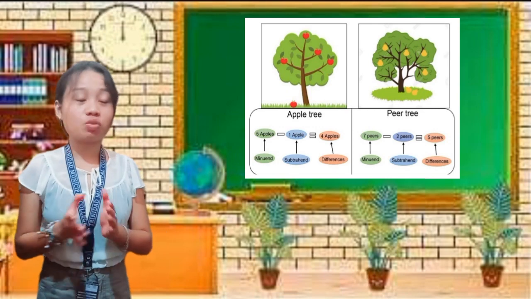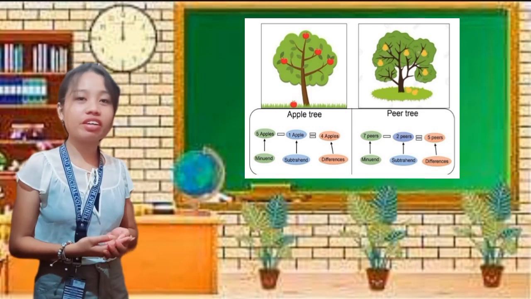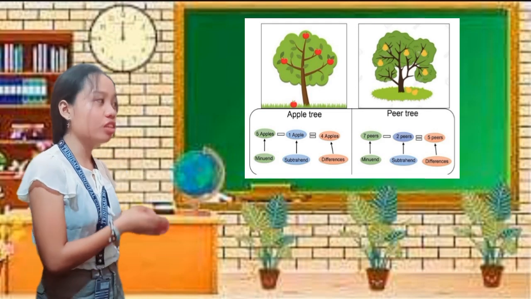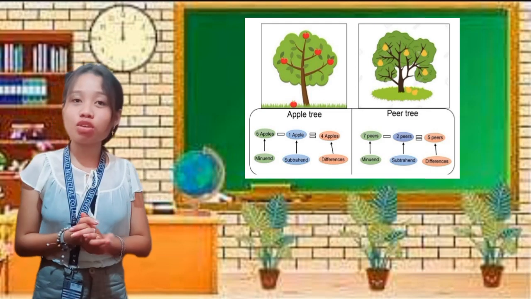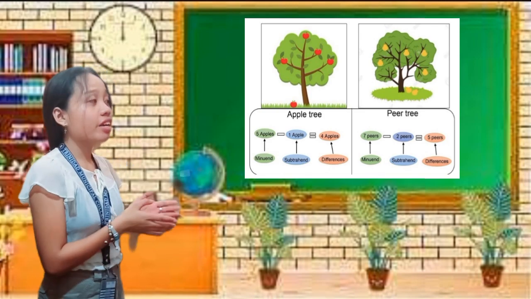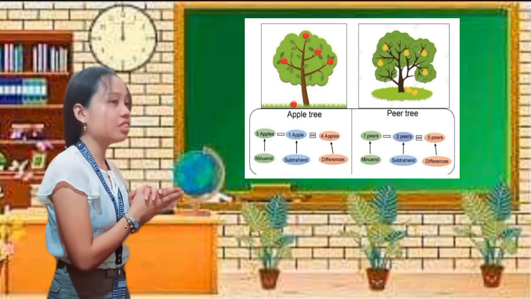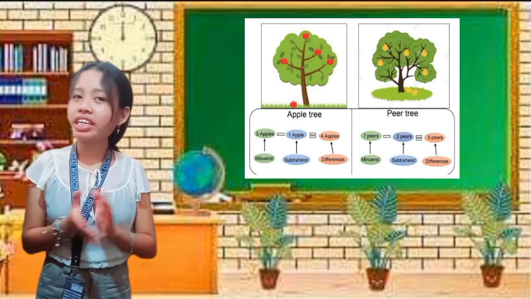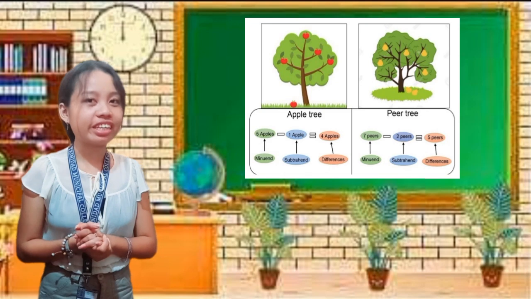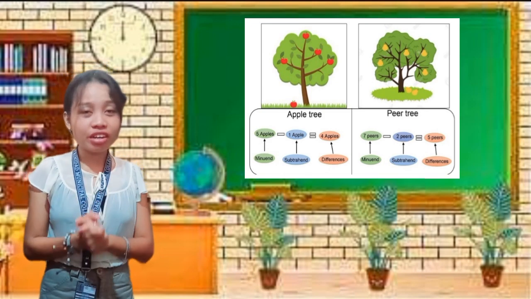So, class, as you can see in our PowerPoint presentation, we have here an apple tree and a pear tree. So, let's solve the apple tree first. There are 5 apples. One of them fell on the ground. So, how many apples are left on the tree? Yes, very good.